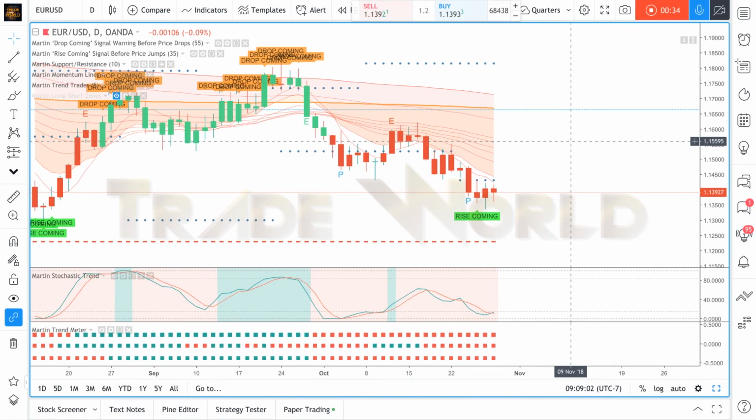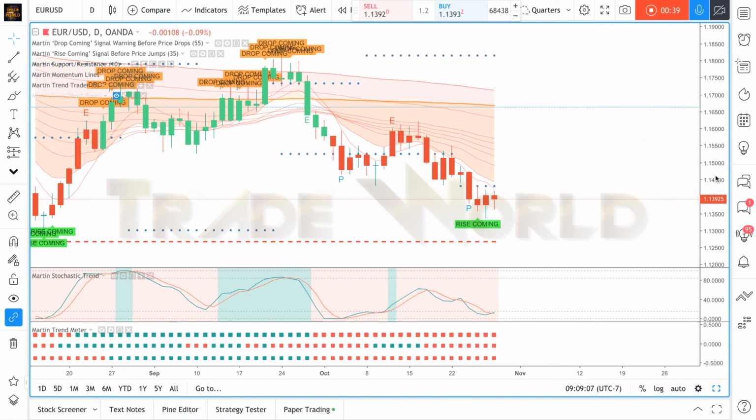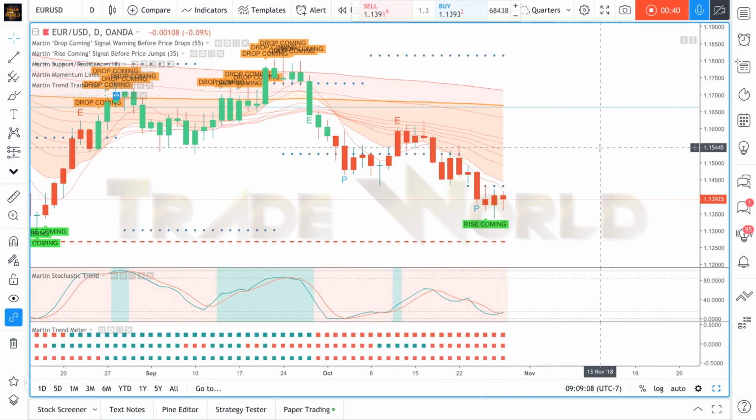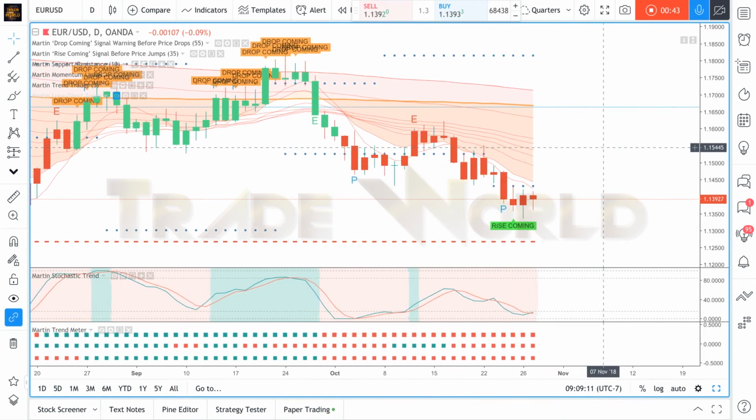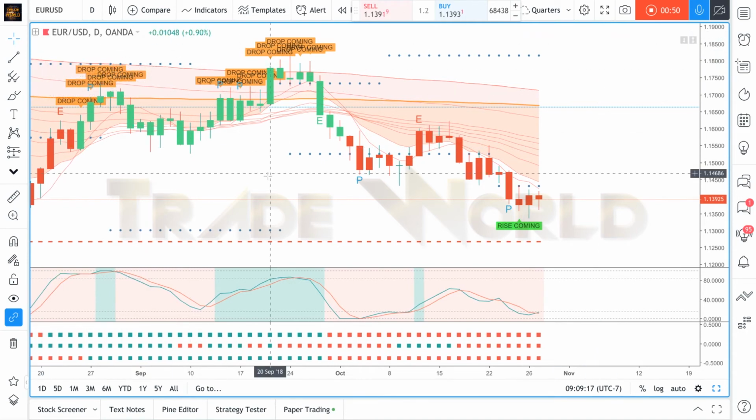I know a ton of you guys trade EURUSD. This is the highest liquidity currency you can trade in the entire world. Liquidity is the word I was looking for. So a lot of you guys who have huge accounts, I'm just going to close this so we can get a better view on here.